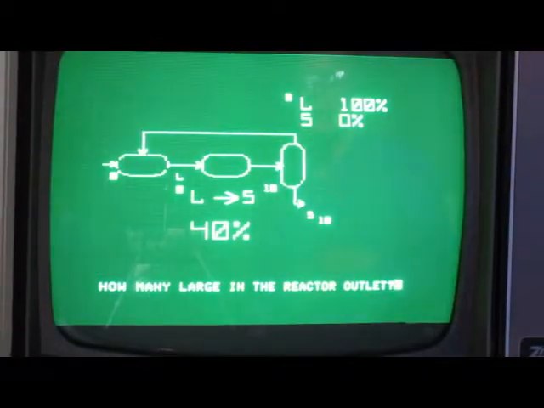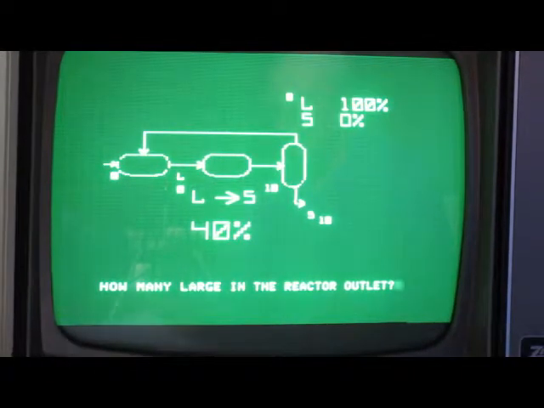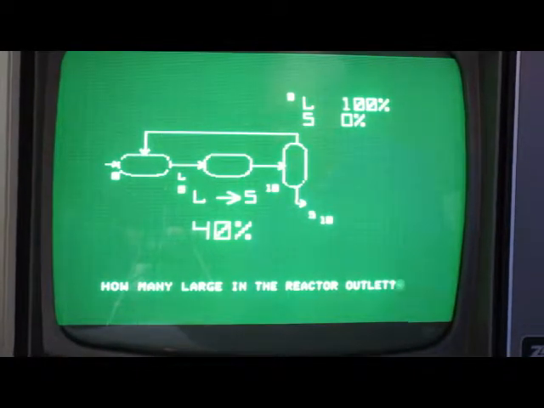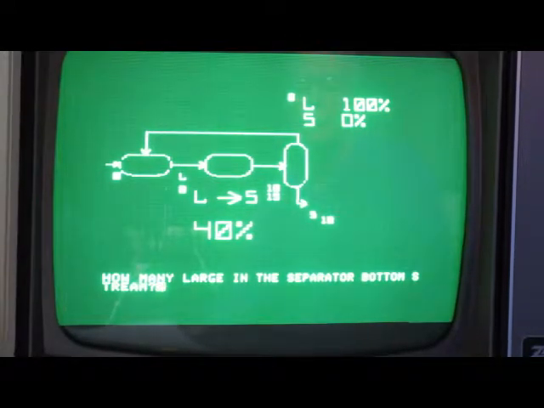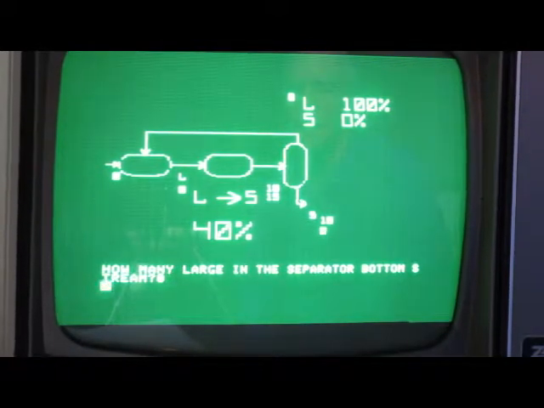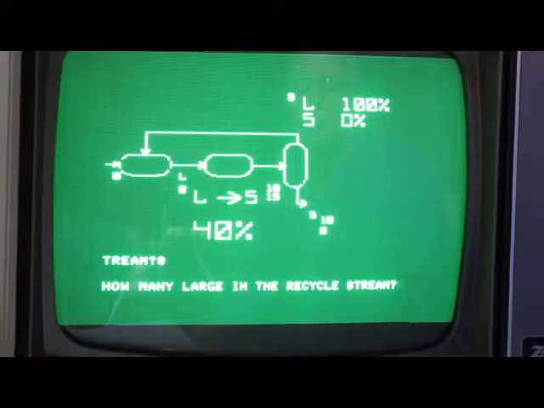How many large are in the reactor outlet? How many large are in the separator bottom stream? How many large are in the recycle stream?